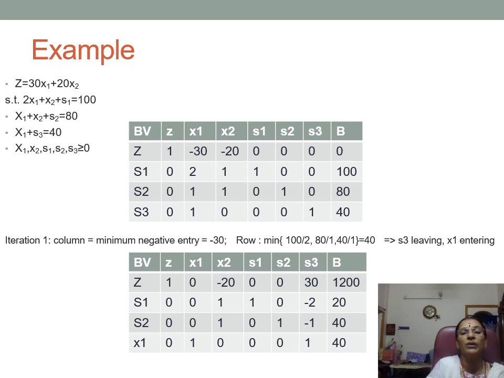These are the boundaries, and the optimum feasible Z is either minimum or maximum. The coefficient of Z equals 1. X1 coefficient is minus 30. X2 coefficient is minus 20. Because it is a maximization problem, we change to minimization, so instead of 30 we use minus 30, instead of 20 we use minus 20.